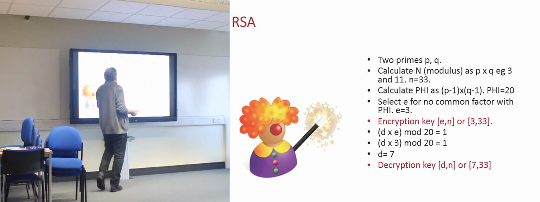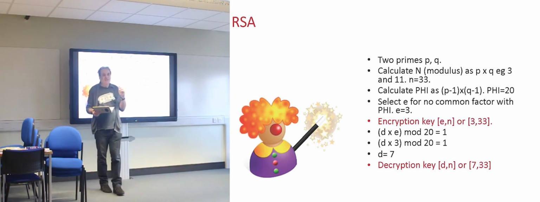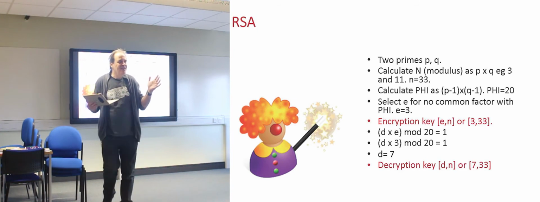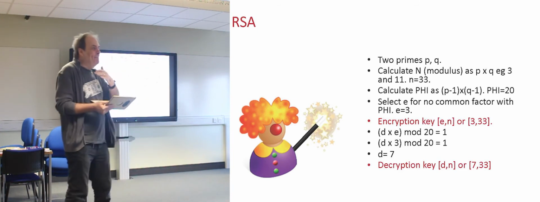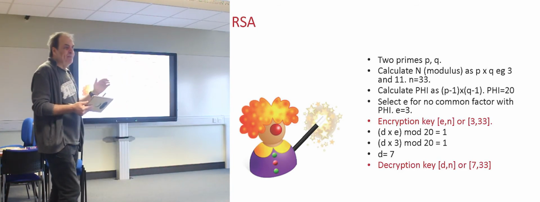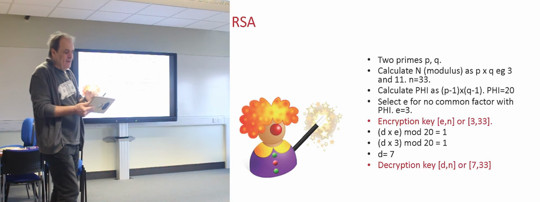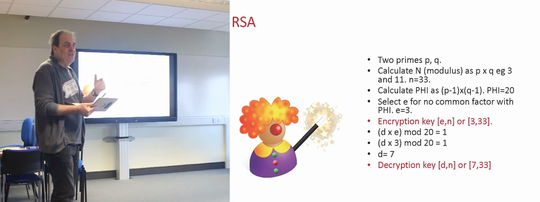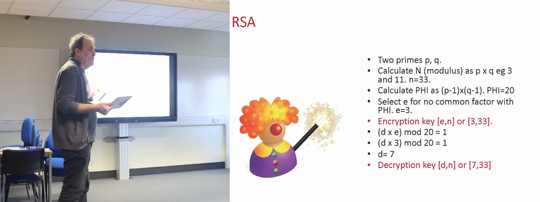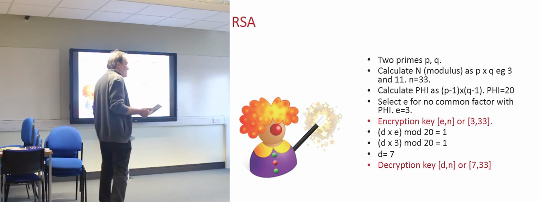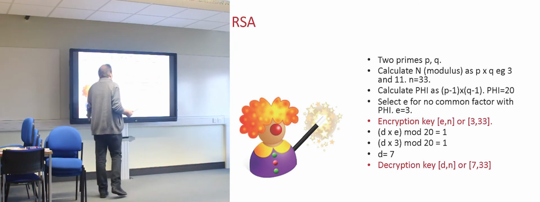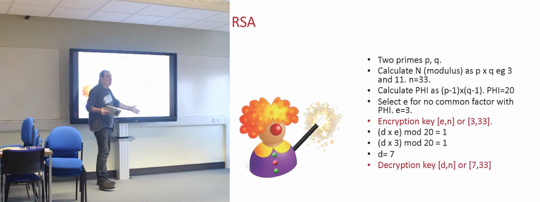And this is where most students struggle. Just pick a value. No. Just pick a value that isn't one of those numbers and it's fine. So all you have to do here is not pick one of those values that shares a factor with 20. GCD is equal to 1 between E and phi. So I'll keep it easy.